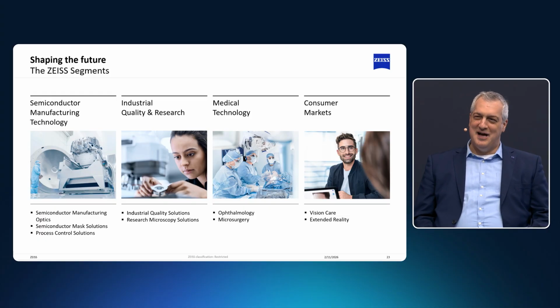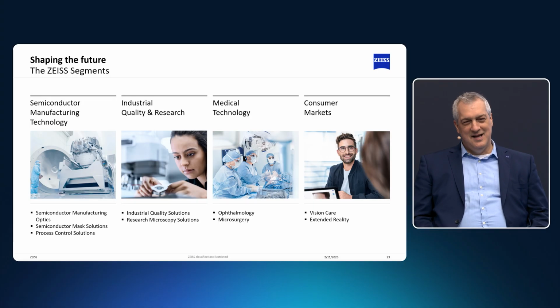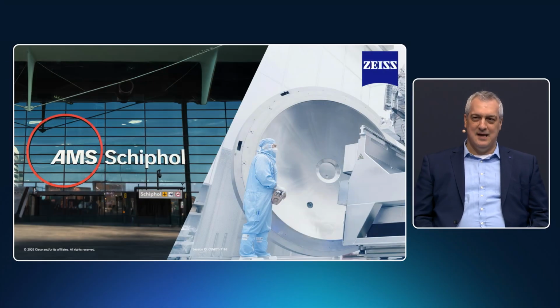Most of you know our consumer market products, like the glasses that we are producing and the lenses for the cameras. But we are doing much more, like medical technology, industrial measurement and quality, and semiconductor manufacturing.